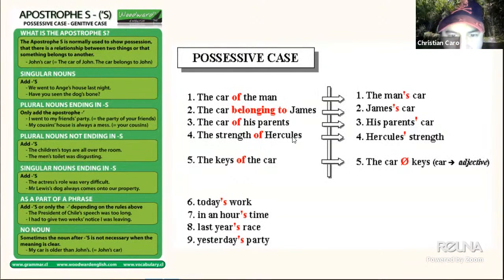Checking out the chat. Dice, so James is not correct. Grammatically speaking, no. But in spoken English, a lot of people just dicen James' car porque no es más fácil decir eso y escribirlo así informalmente.